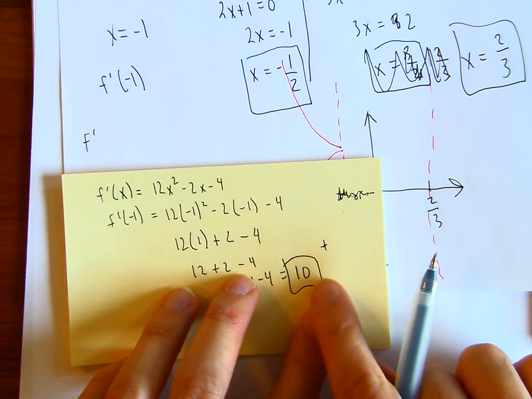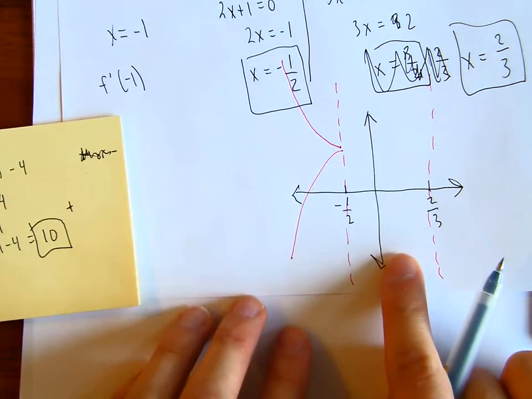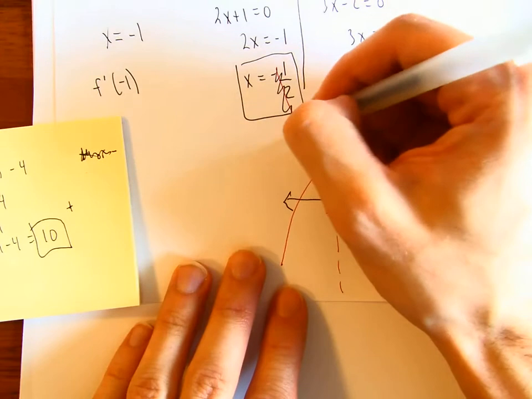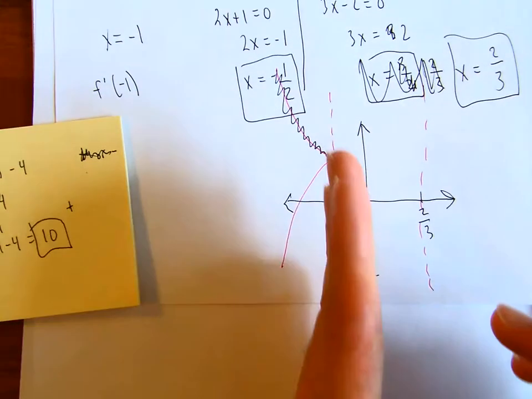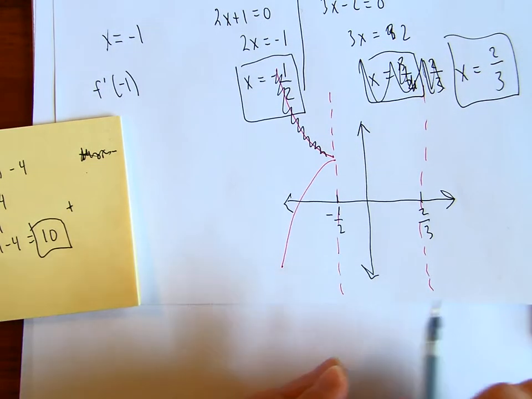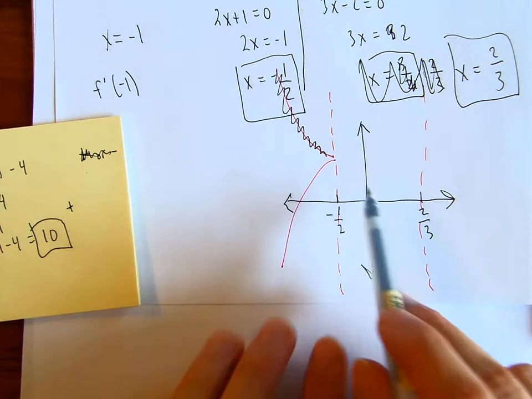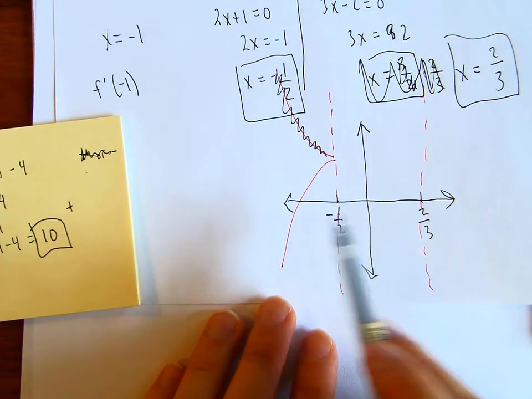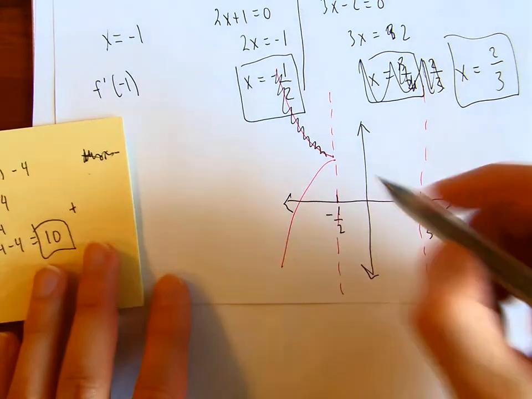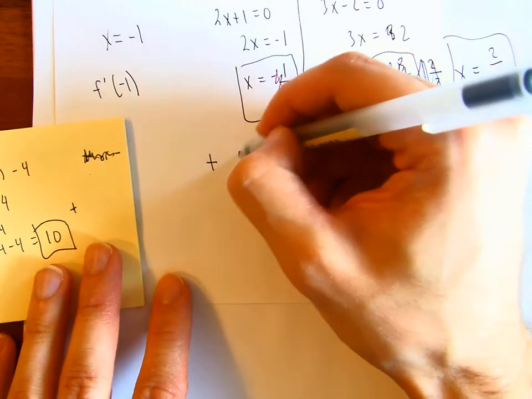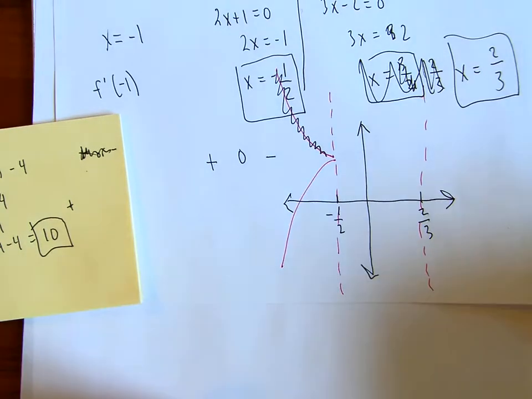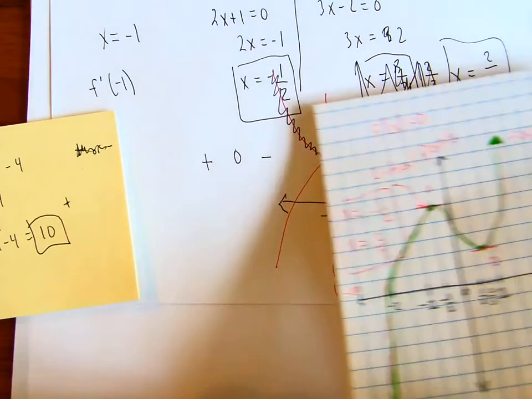Because this value of 10 is positive, you know that the graph has to be positive coming from the left of negative a half. Because if one of these values is positive, the rest have to be positive, because you're either positive, negative, or 0. And we already know where the zeros are.